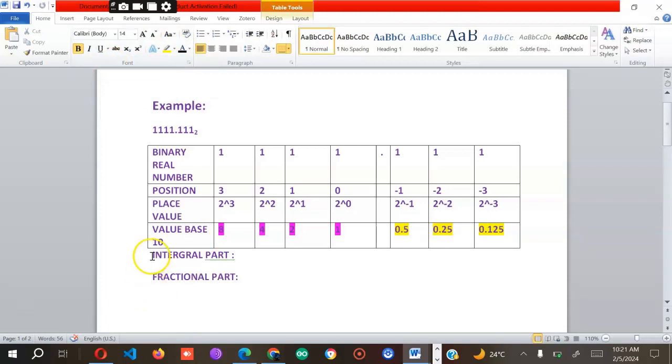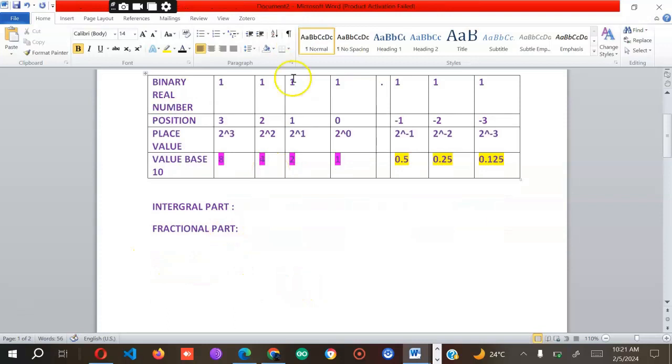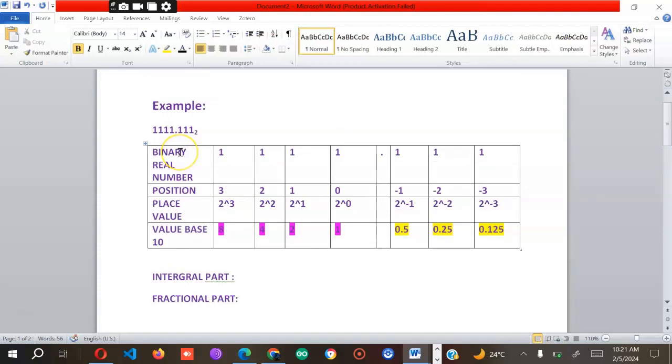Okay, having done that, the next step is to multiply. Let me see how to go about it to make the work easier.